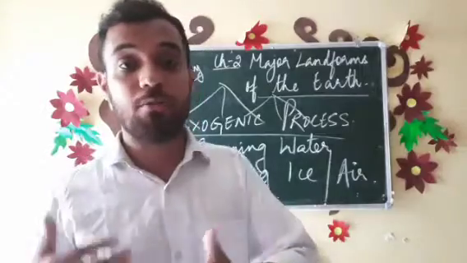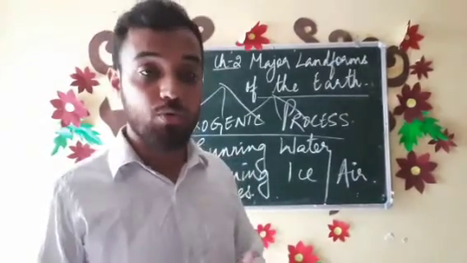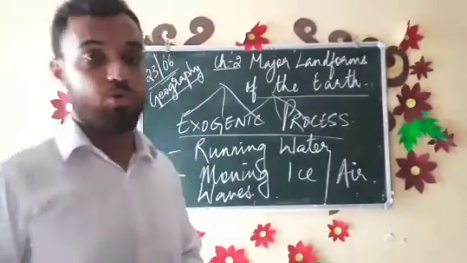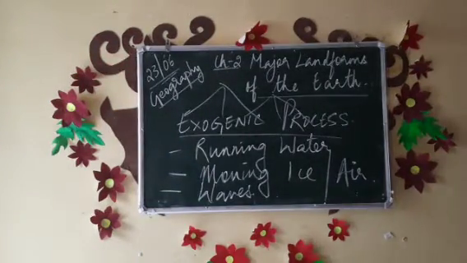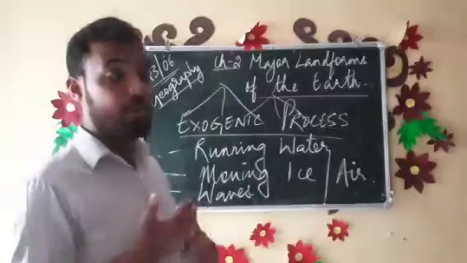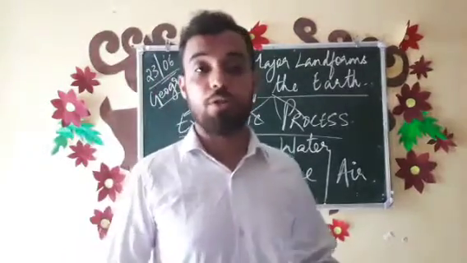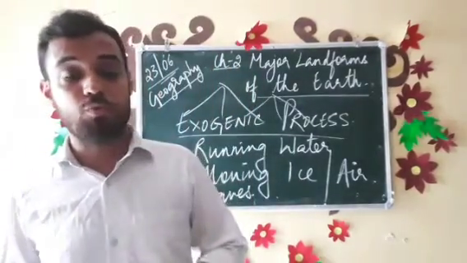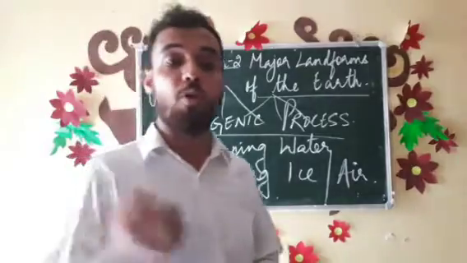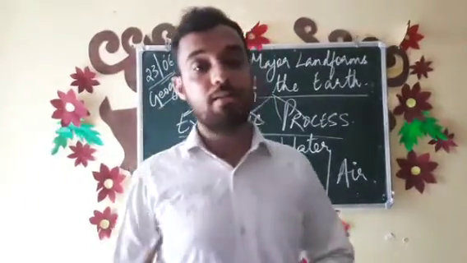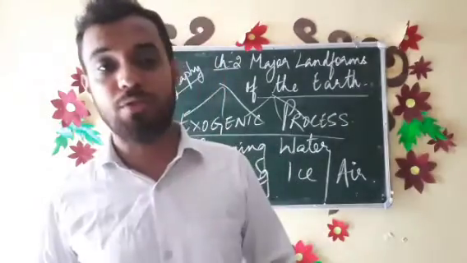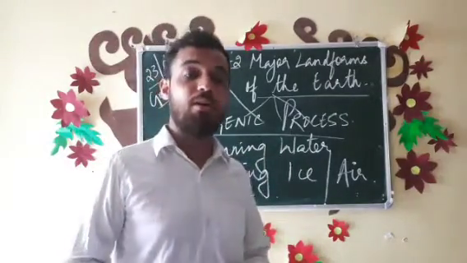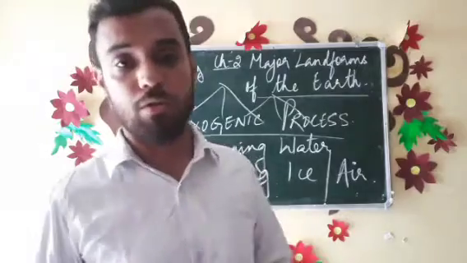But we are not talking about vehicles, we are talking about the agents of erosion. Transportation can be done by air, can be done by water. How? Because when water is moving from one place to another, it carries some sediments, it carries rocks, it carries sands, it carries wood. All these things are carried by either air or water.